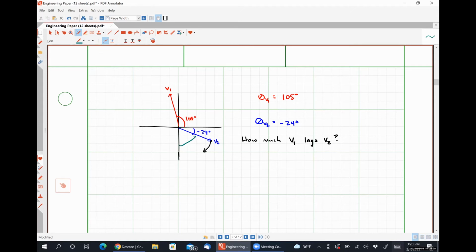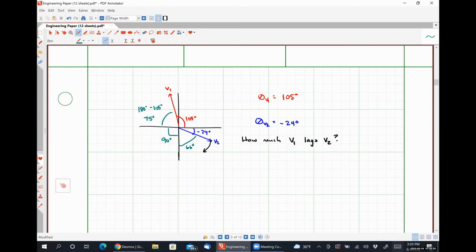This angle, 90 minus 24 degrees, should be 66. Is that right? Then I have 90 degrees here. Then I have this guy, which is 180 minus 105, or 75 degrees.